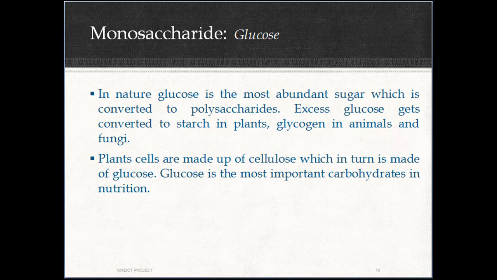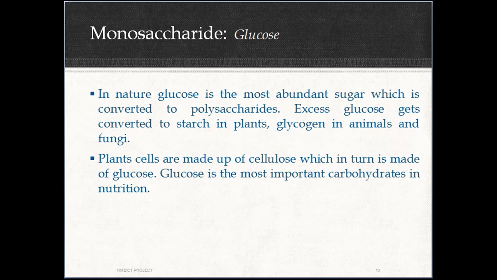In animals, it gets converted into glycogen, as well as in fungi. Plant cells are made up of cellulose, which in turn is made up of glucose. Glucose is the most important carbohydrate in nutrition. It is one of the body fuels which directly supplies us energy.